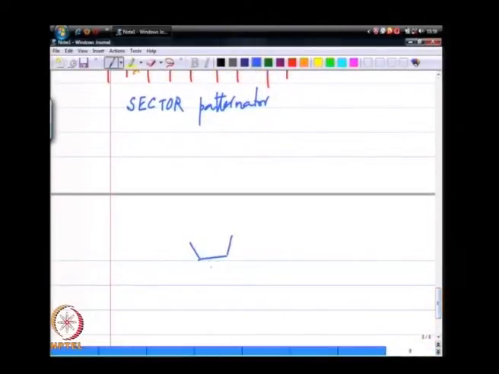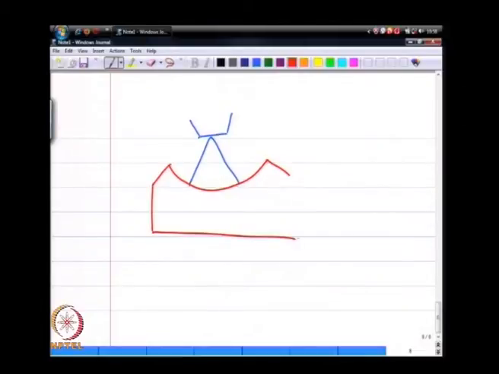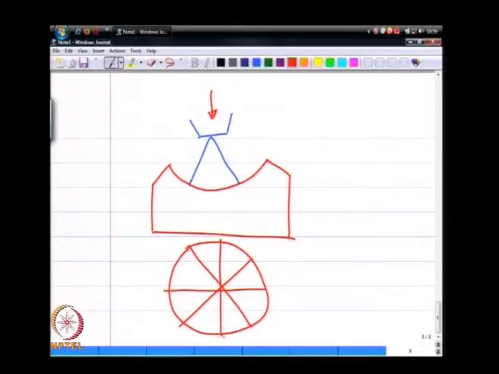So, this is essentially like a circular patternator, except if I look at the top view of this circular patternator, it is not a series of annuli, but a series of sectors.